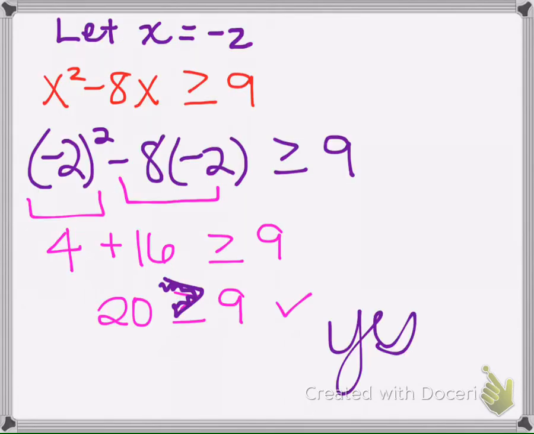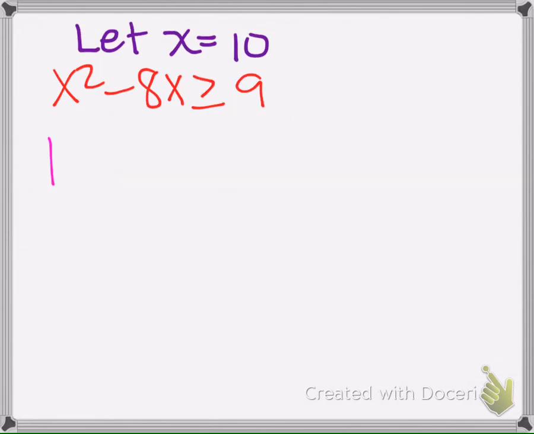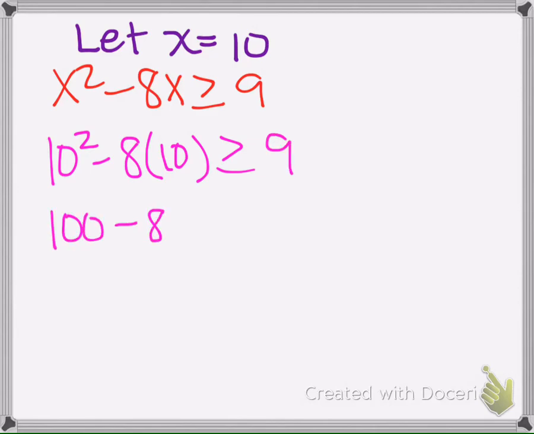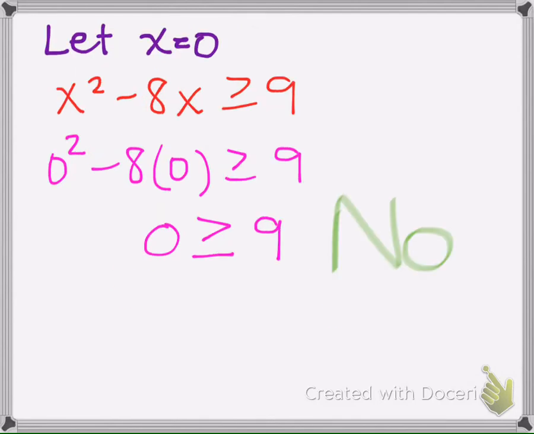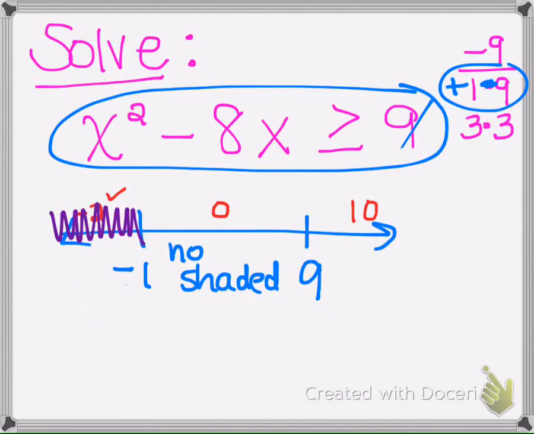Now we're going to try 10. And 20 is greater than or equal to 9. So that means on our graph, we would shade here.